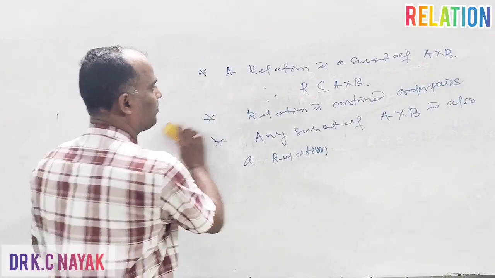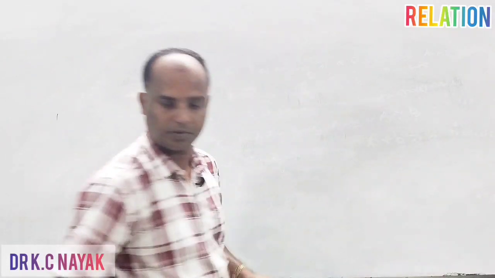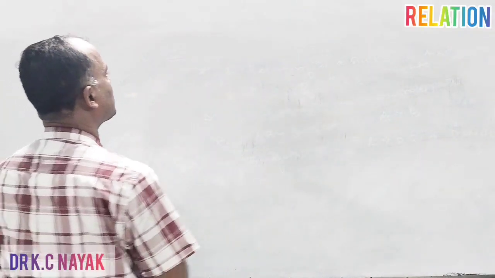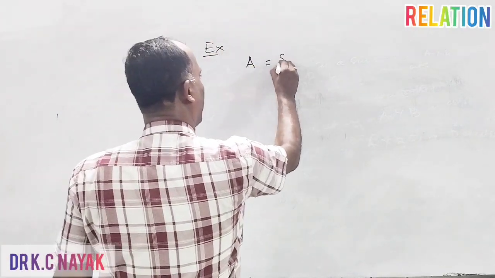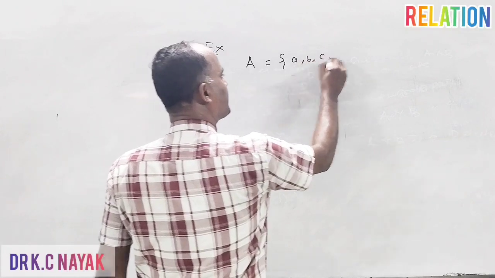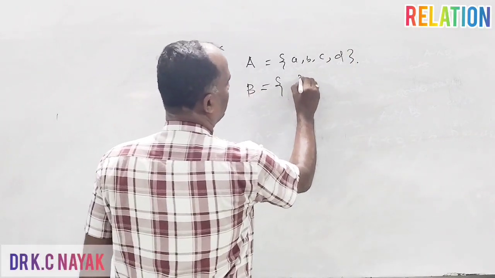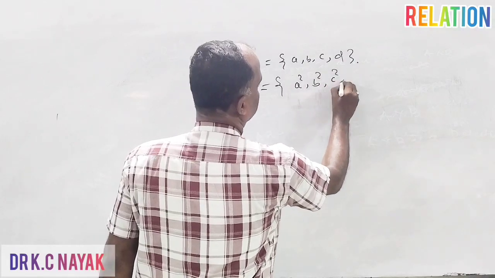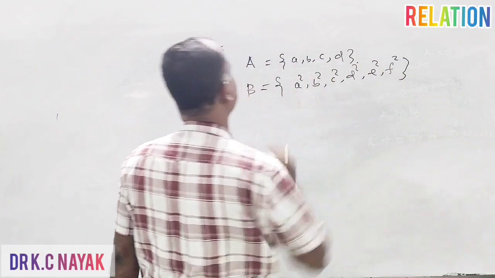For example, suppose I have a set A having elements a, b, c, d. I have another set B having elements a square, b square, c square, d square, e square, and also f square.